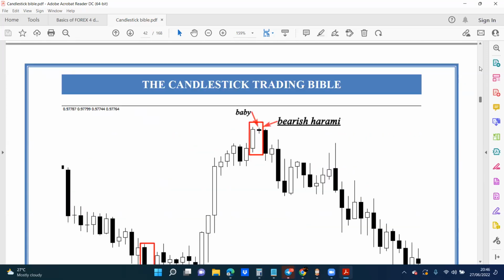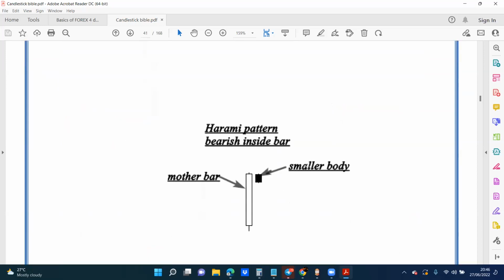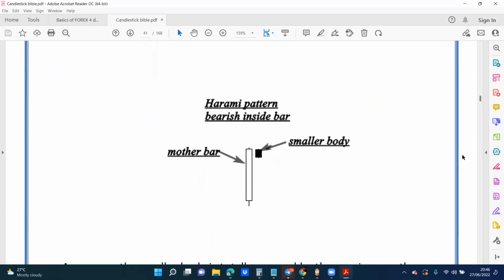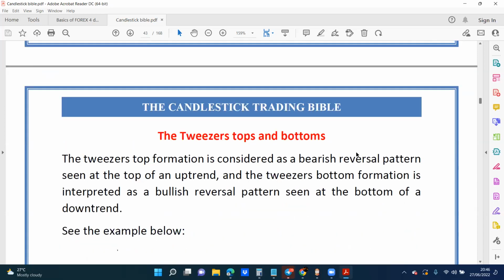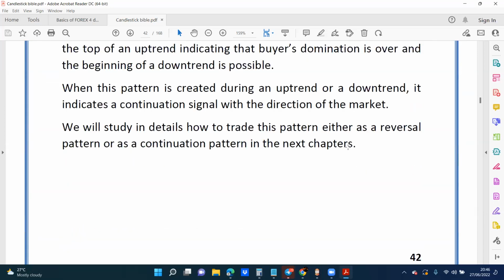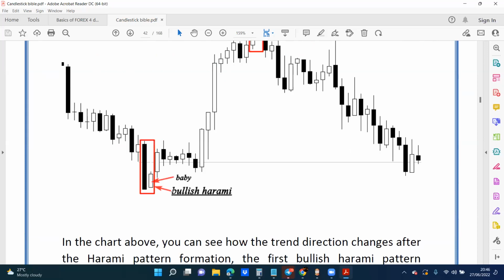And then we have the harami, which is the inside bar. So this is a bearish inside bar. Let's look at the bullish inside bar. We discussed it last week. So this is the bullish harami, which is the bullish inside bar. A large bearish candle, and then you have a small bullish candle by the side.